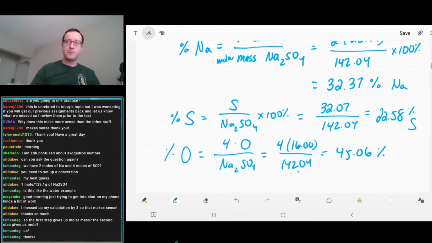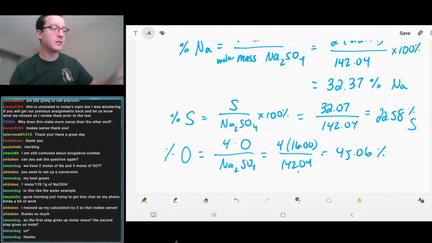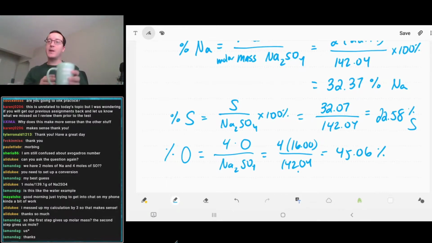Of course, because this thing only has 3 elements, if you find the first 2, you can find the last one by just subtracting from 100, right? They should all add up to about 100. There might be some slight rounding errors, like 100.01, but these should add up to 100, so you can always find the last one by subtracting the other 2 from 100.